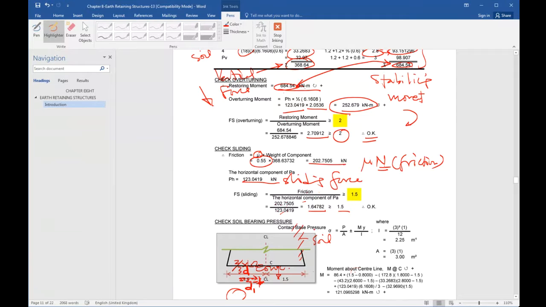So let's take a look at how to check the soil bearing pressure.